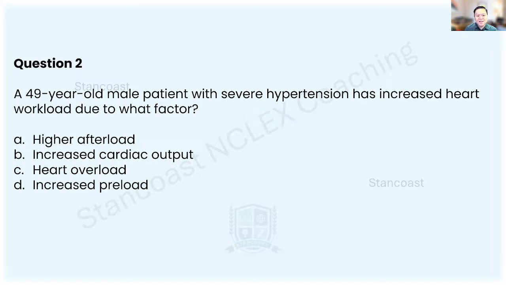A 49-year-old male patient with severe hypertension has increased heart workload due to what factor? Is it A, higher afterload, B, increased cardiac output, C, heart overload, D, increased preload?